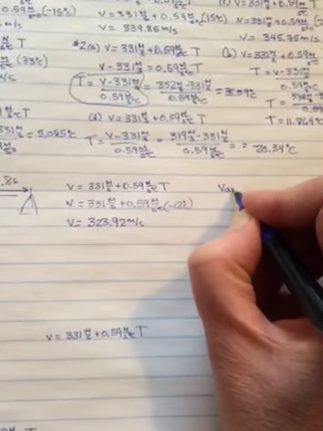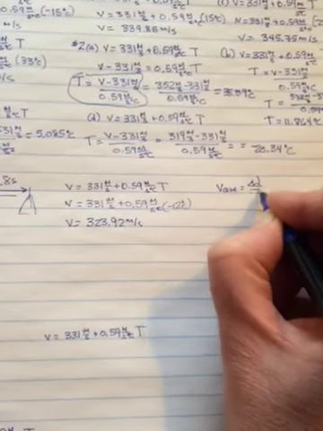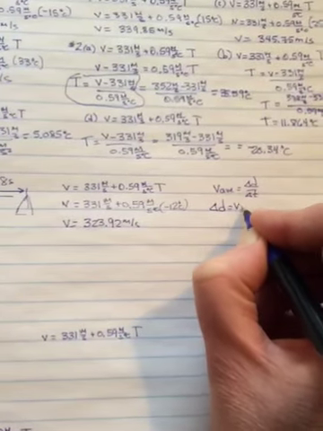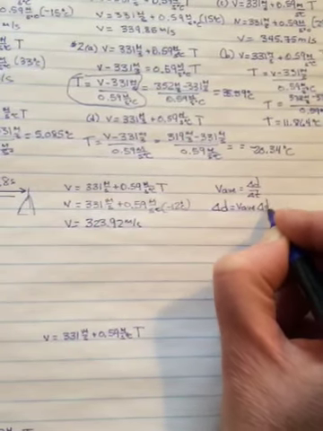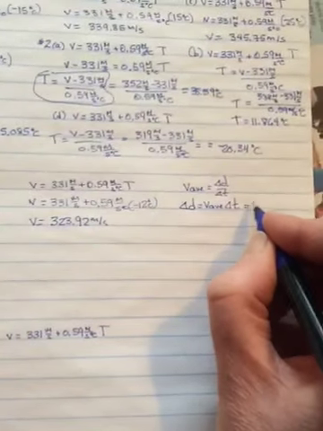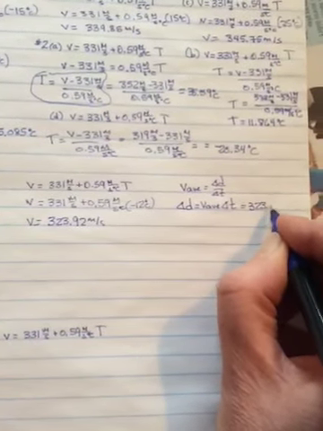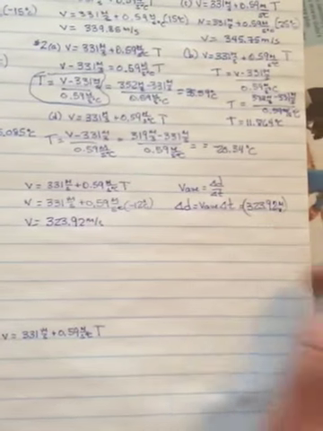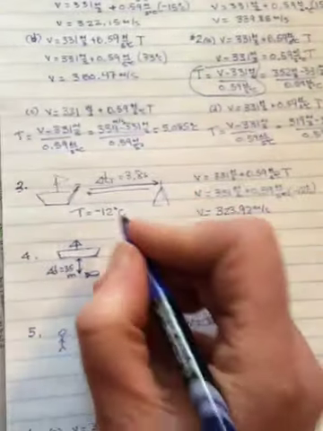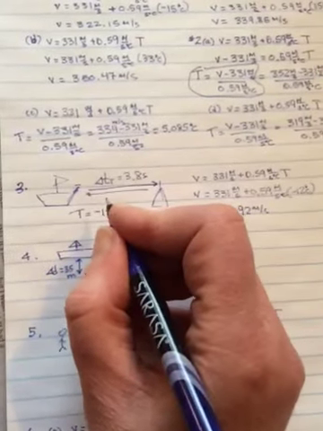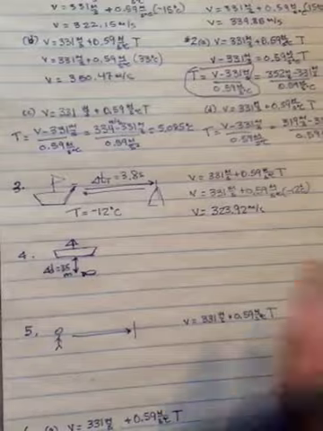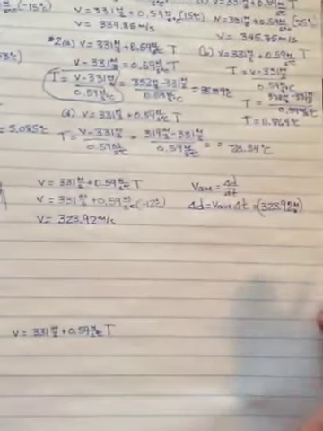So now you have a speed and you have the time and you want the distance. So you can do V average equals delta D over delta T, rearrange for delta D. So delta D equals V average times delta T. So you have your 323.92 meters per second. And then you need to make a decision about the time. The time is over and back. So your options are either divide the time by 2 now or divide the distance by 2 later.